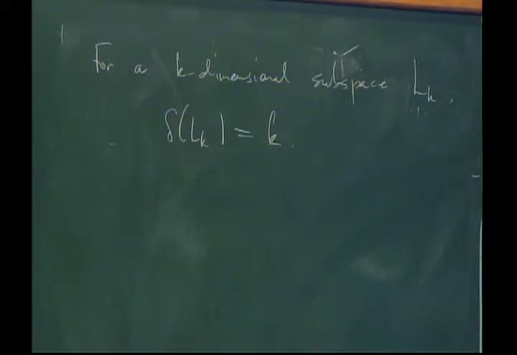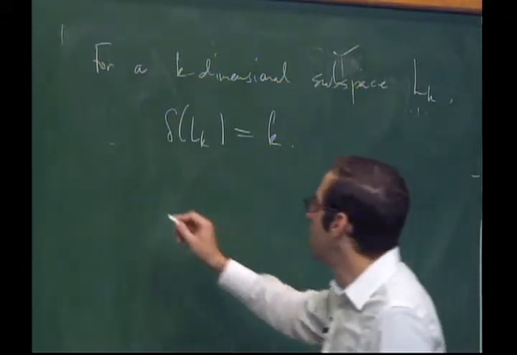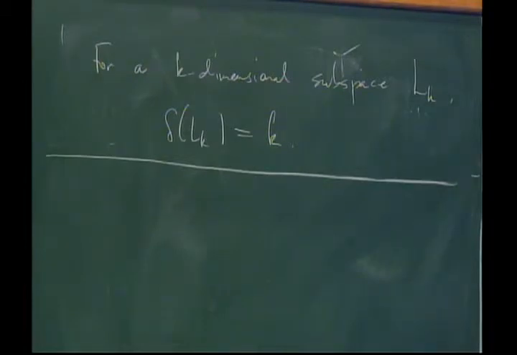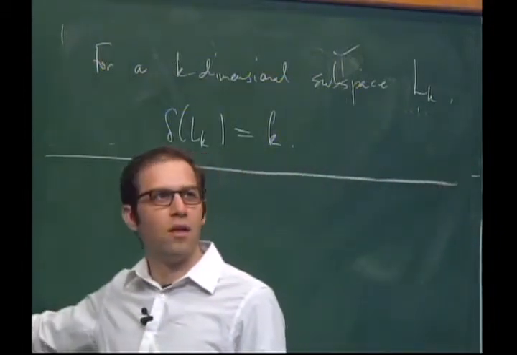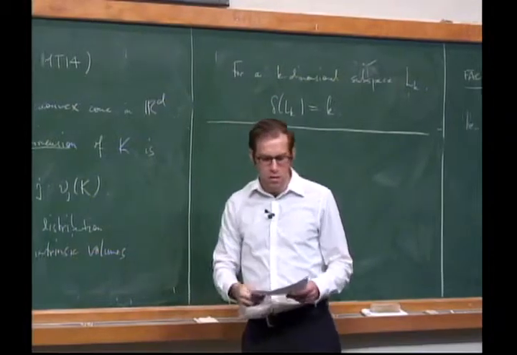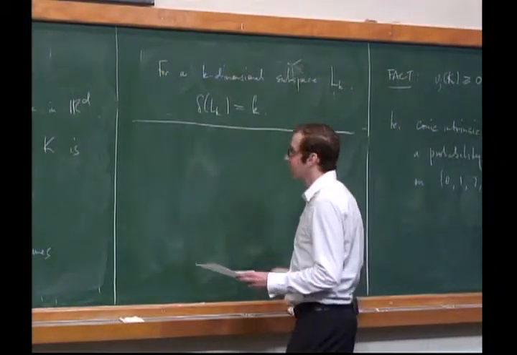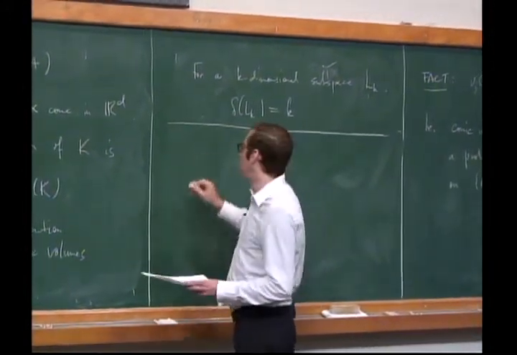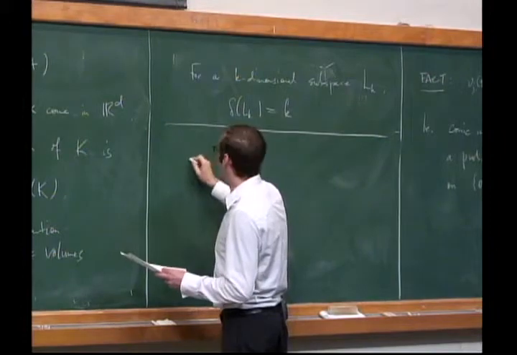But the key new fact is that instead of having to worry about this entire distribution of intrinsic volumes of the cone, you only need, for most purposes, to worry about one number. Okay? So that's the new result. I'm going to state it informally here. Maybe in the next lecture I'll be a little bit more precise.